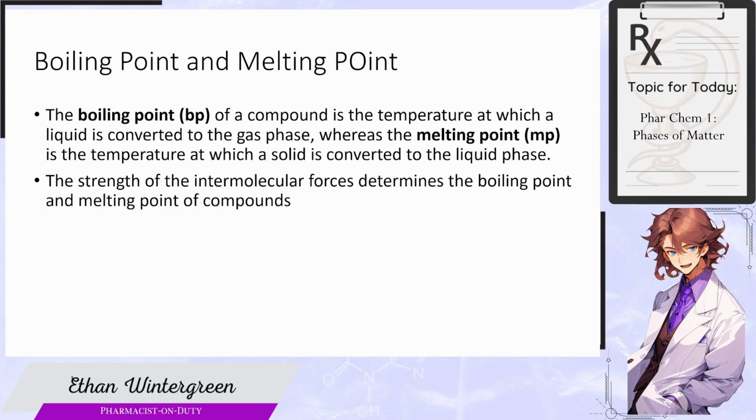Okay. Next, we have our boiling point and melting point. Boiling point is the temperature at which a substance boils, and melting point is when a substance is converted to a liquid. These properties are dictated by the strength of the intermolecular forces of that substance.